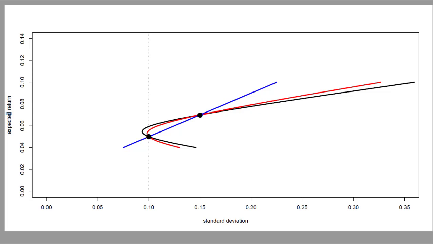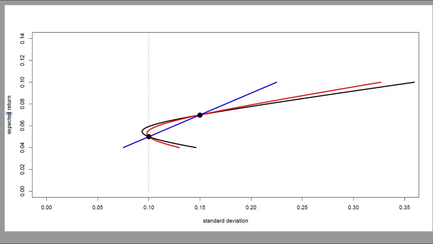Let's have a closer look at the risk-return profiles. So let me repeat, the black line represents the risk-return profile if the correlation is 30%.